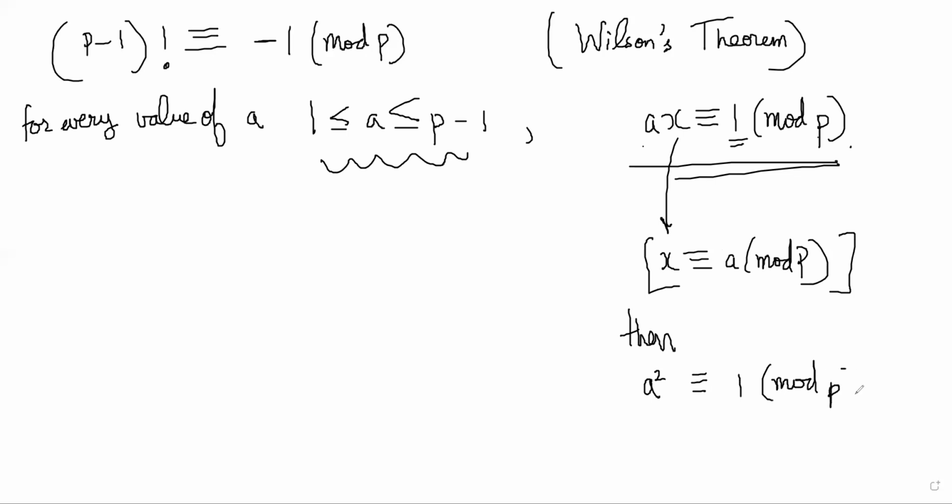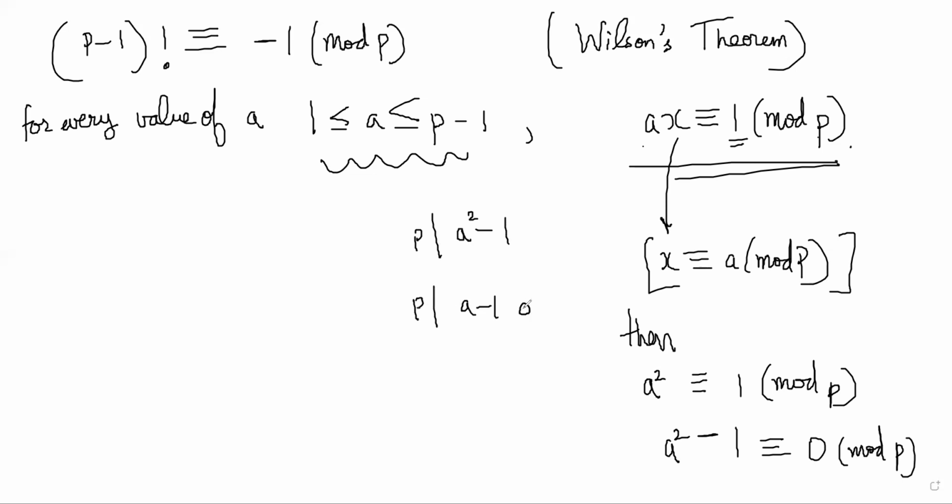Then a square minus 1 is congruent to 0 mod p. So basically p must divide a square minus 1, which is (a minus 1)(a plus 1). So p divides either a minus 1 or a plus 1.